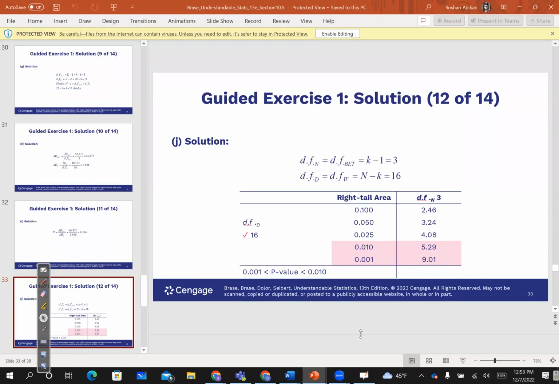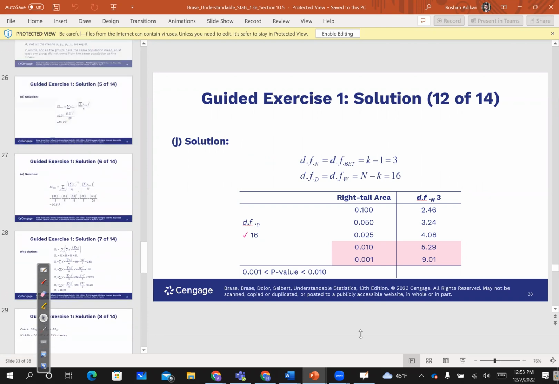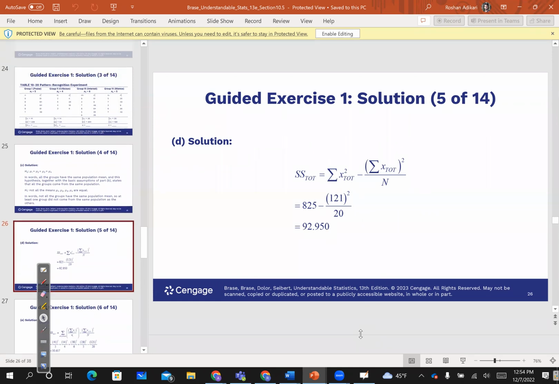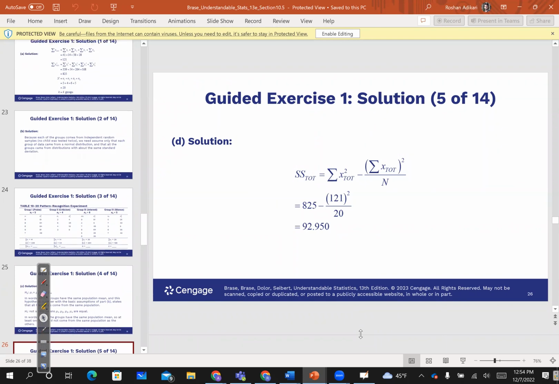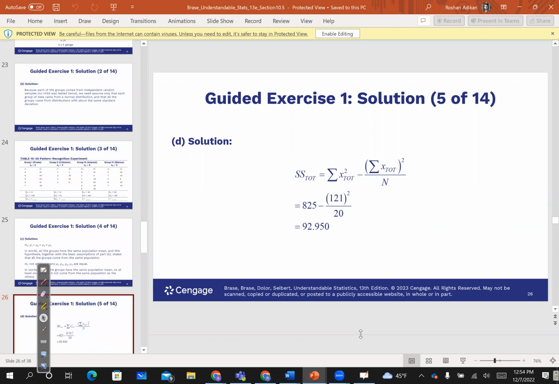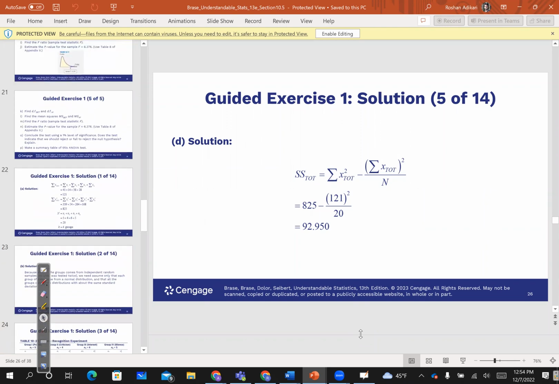Read this guided example in 10.5, and the solution is starting here. Now it's a little bit lengthy procedure actually, so let me start from here.